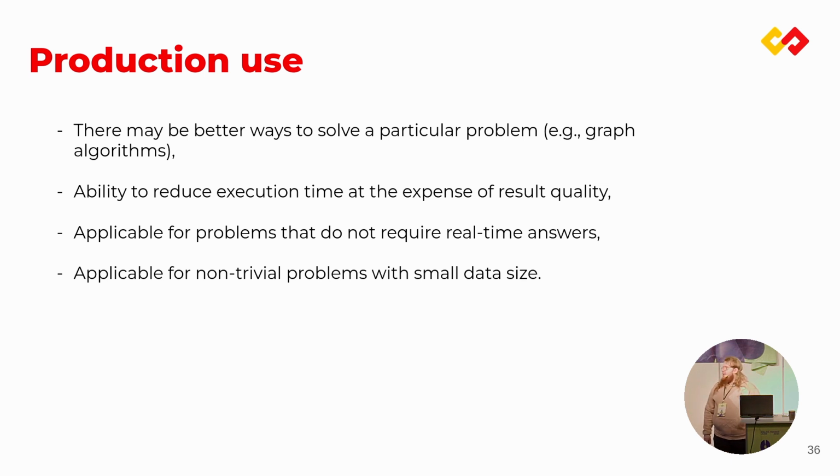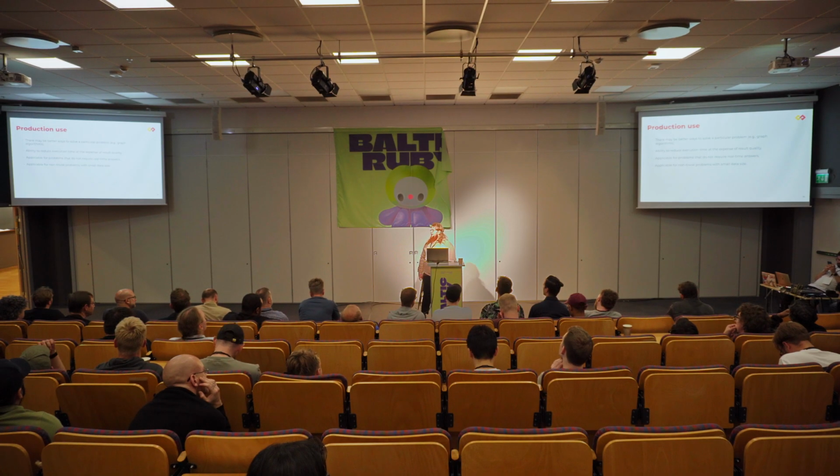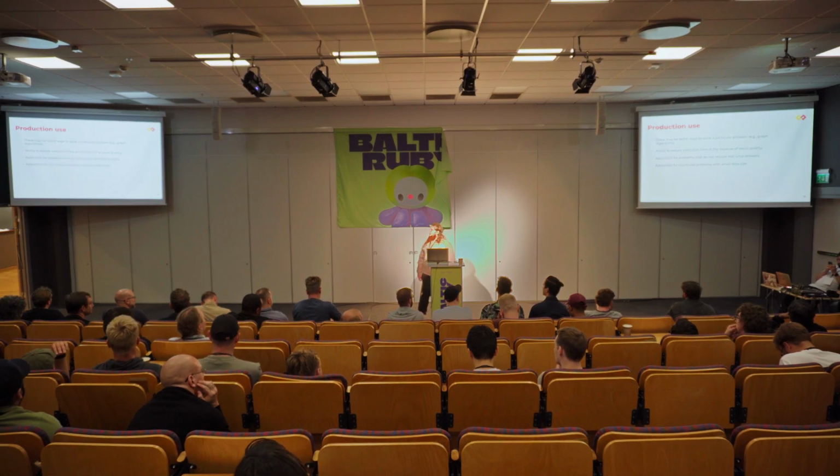We can use mathematical programming for tasks when we don't need an instant response. For example, if we need a result only in a couple of days, we can do some background calculation, and after 1 hour we will be guaranteed to have the best response possible.